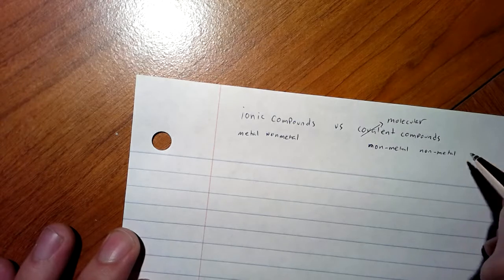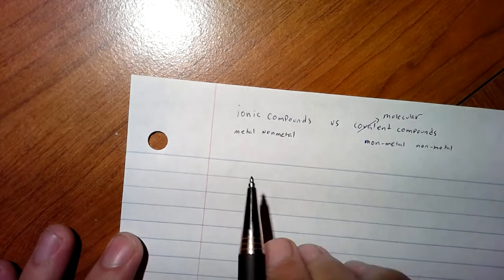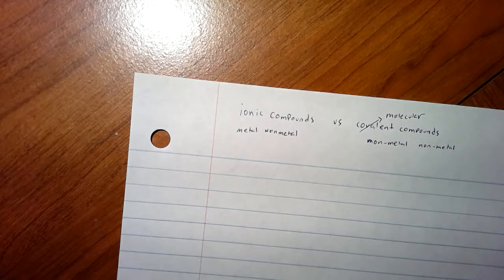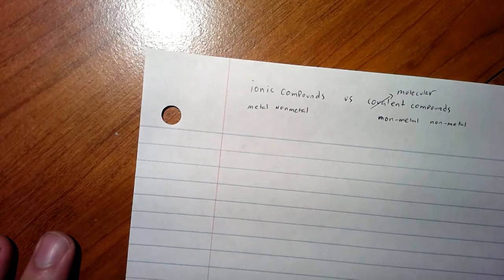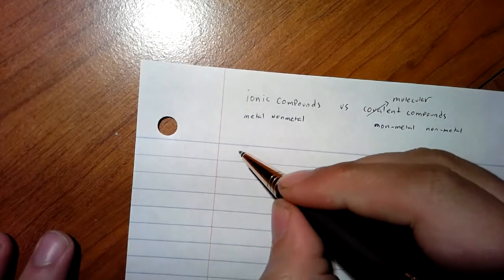Now, the reason why it's important to distinguish between these two is that the naming conventions are different. The naming rules, the nomenclature, are not going to be the same for the two of them. When you're working with ionic compounds, the rules are pretty simple.